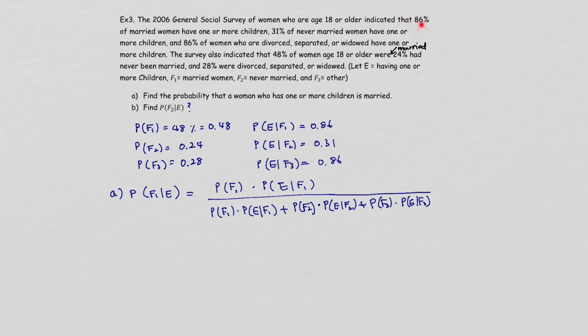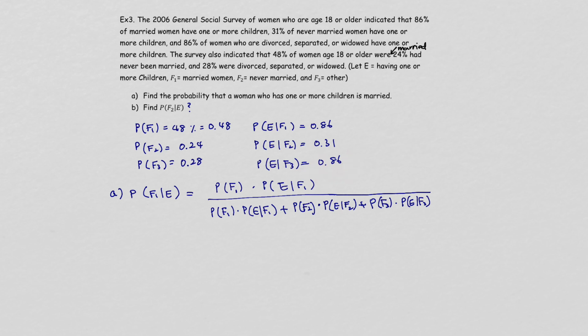So that's all given right here. So it will be 86%, which means a probability of 0.86. 31%, which gives you a probability of 0.31. 86% gives you a probability of 0.86.